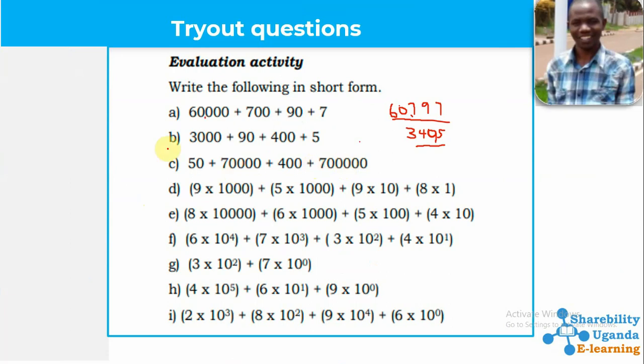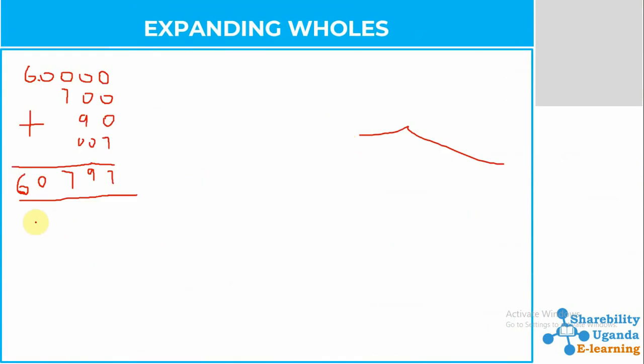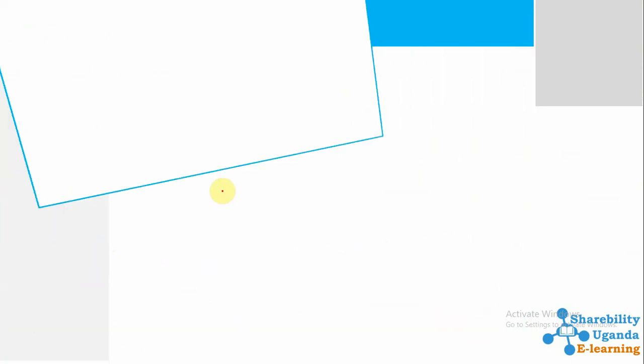So we have been able to solve this one and also this one. This one you can also see is 3,000, then 400. We have our 3,000, then plus our 400. You arrange them from the biggest to the smallest.